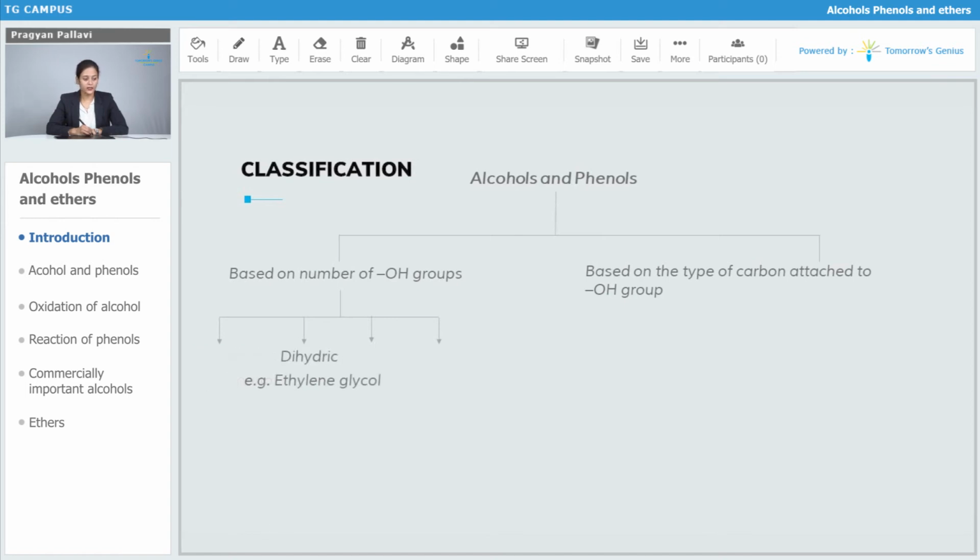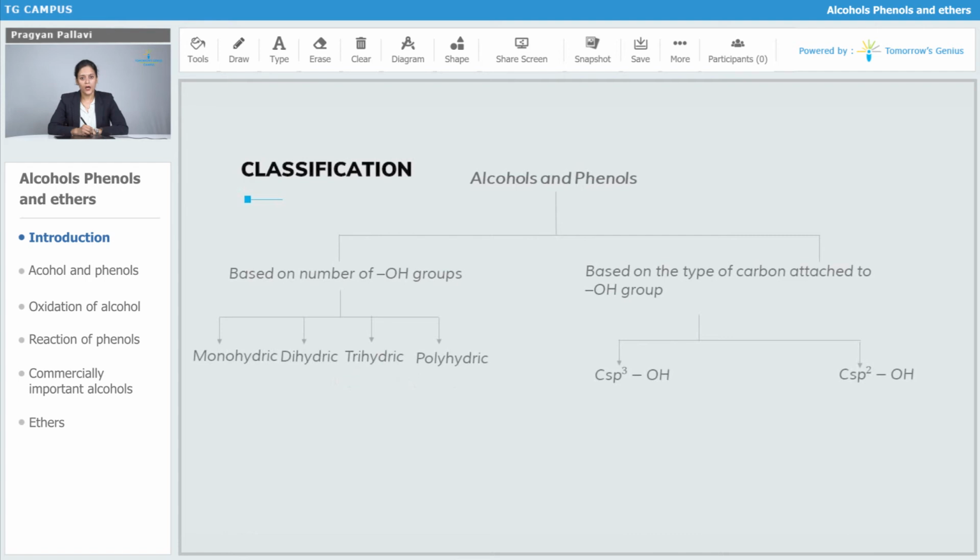The dihydric example is ethylene glycol, where we have two OH groups. In the case of trihydric, we have three OH groups, and the example is glycerol. In the case of polyhydric, we have more than three OH groups, and the example we can take is sorbitol.